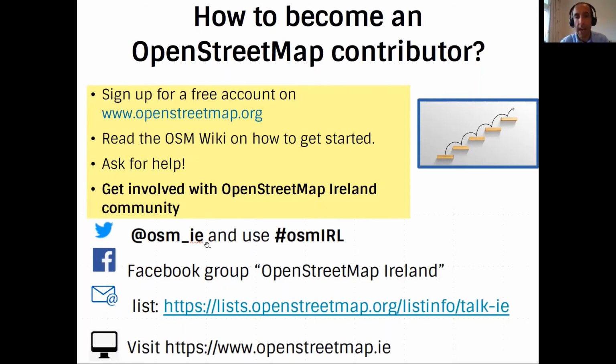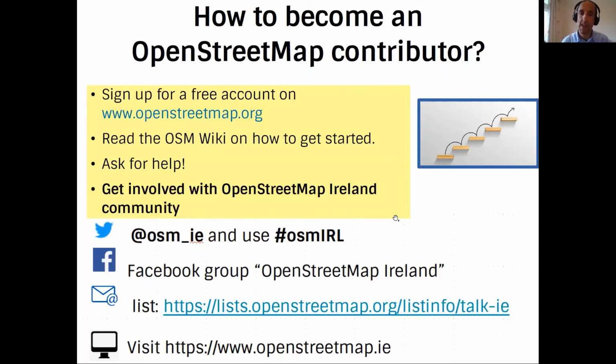And a good way to get involved, if you're going to become an OpenStreetMap contributor based in Ireland, so you want to contribute to the Irish effort for a better OpenStreetMap in Ireland, is to follow the OpenStreetMap community on Twitter, on Facebook, on email lists, or the openstreetmap.ie website.